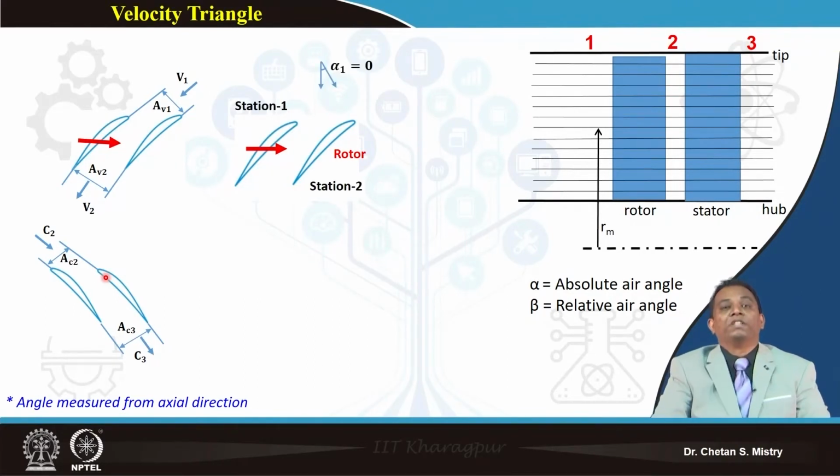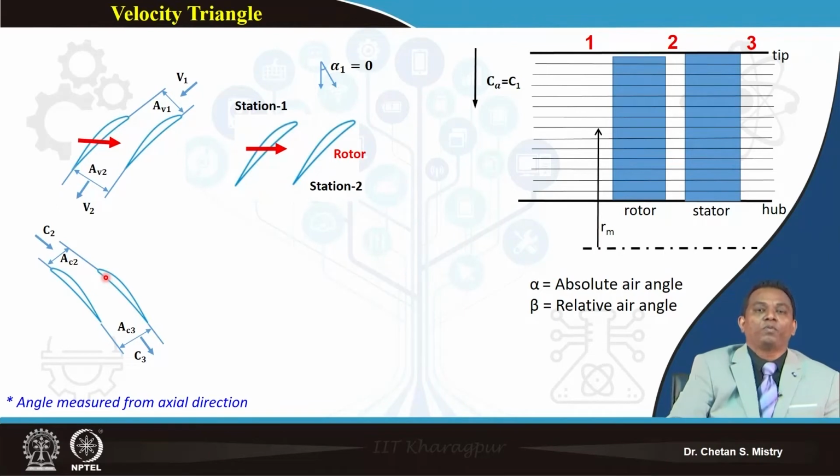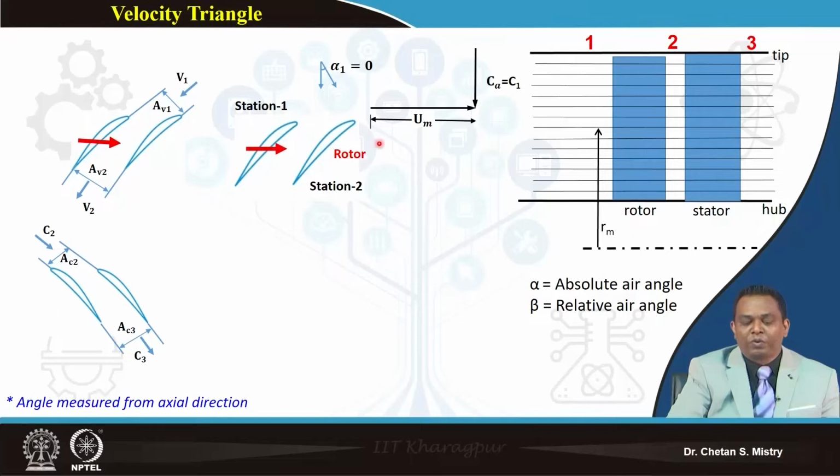Now if we consider that my flow is entering in the axial direction, meaning my entry is axial, this represents my axial entry, and my absolute velocity is the same as my axial velocity. This is my rotational direction, so I put here my peripheral speed u. This is at the mid section, which is why I have written it as u m.